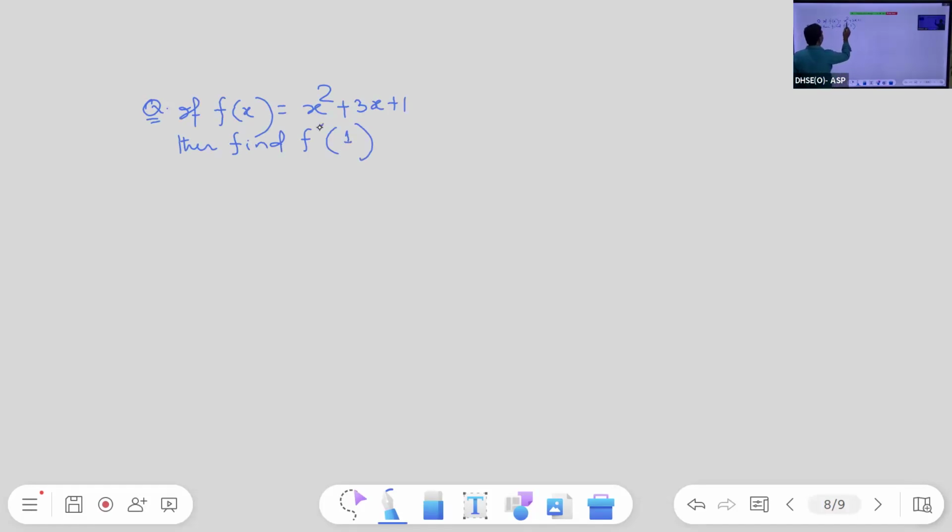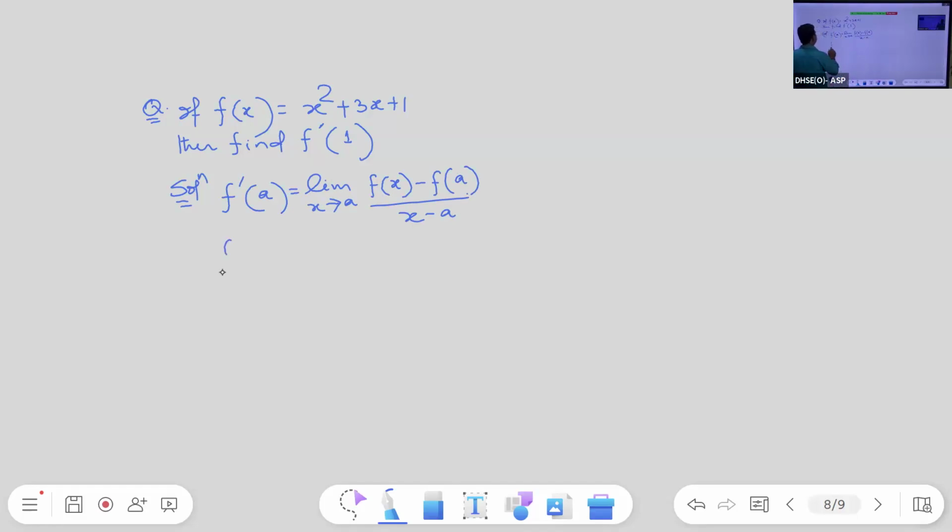Okay. What is the formula for f dash a? F dash a is equal to the limit as x approaches a of f of x minus f of a upon x minus a.